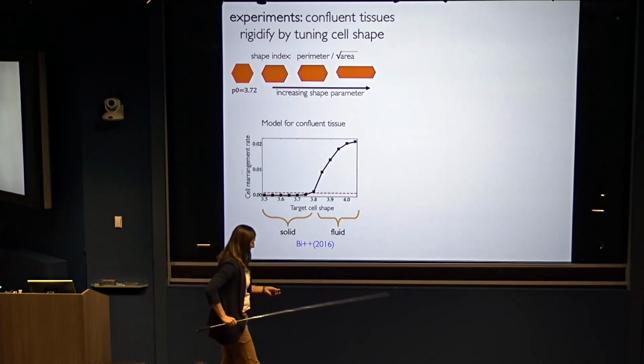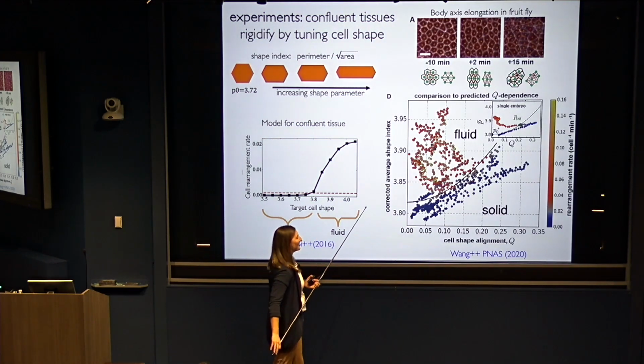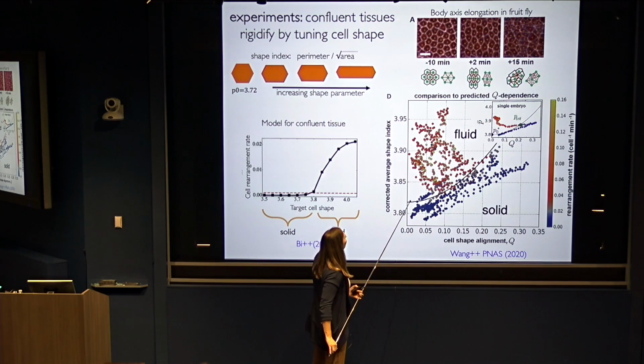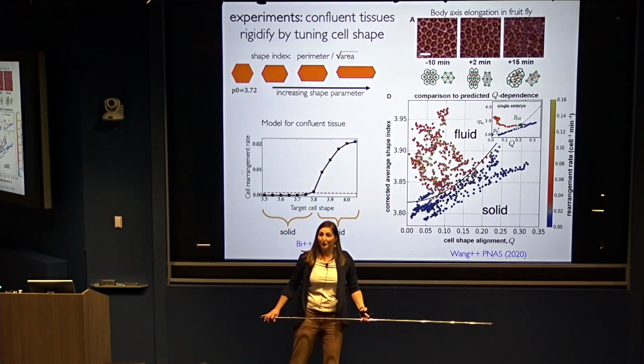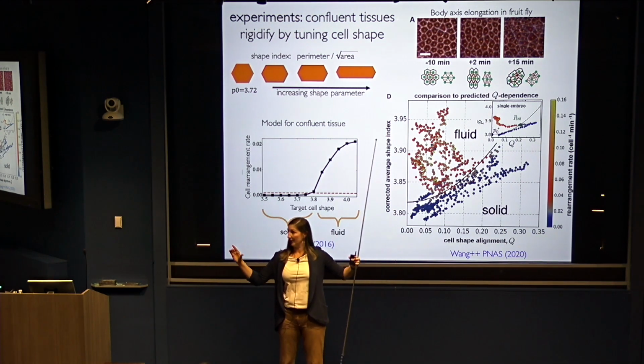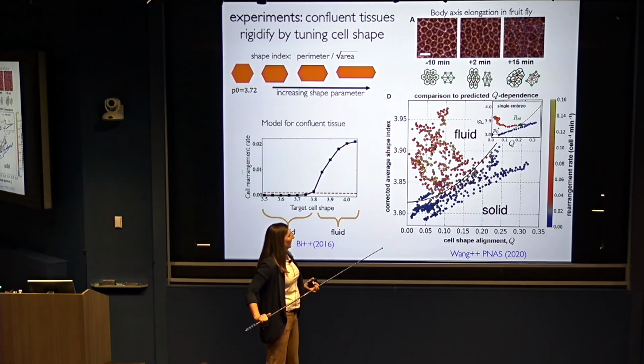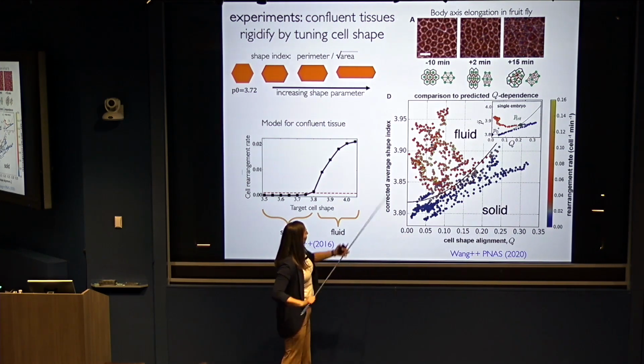And so actually working with Karen, who's right there in the audience, her research group, fantastic collaboration, we did this in the body of a fruit fly. So in fruit flies, there's also this body axis elongation process. And I'm not going to go through all the details today, but this over here is that shape index I talked about before.